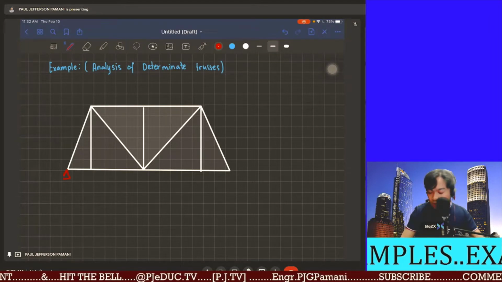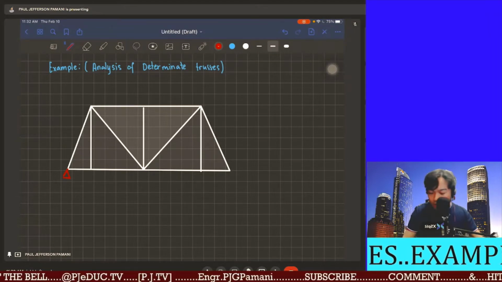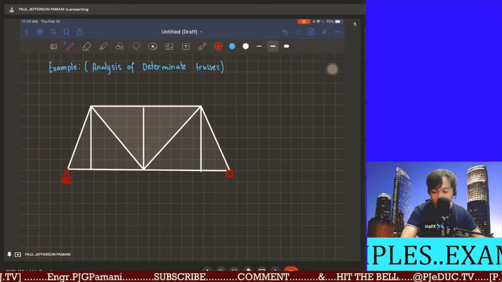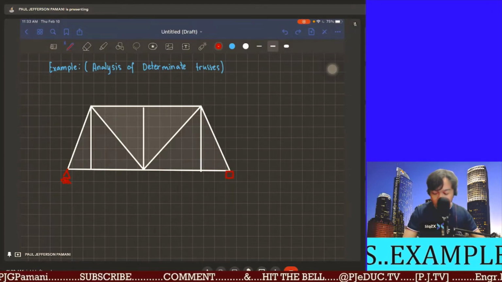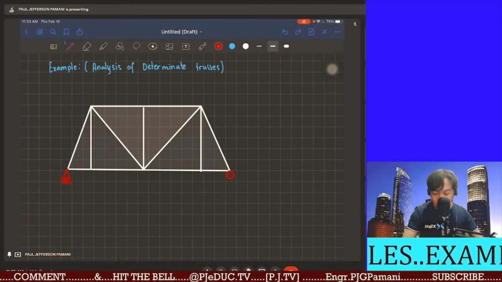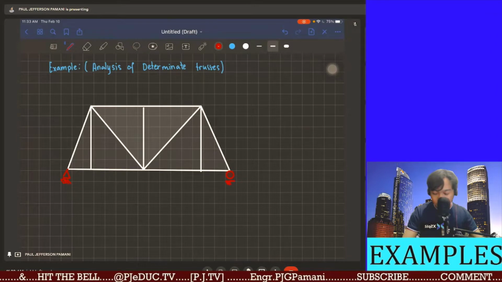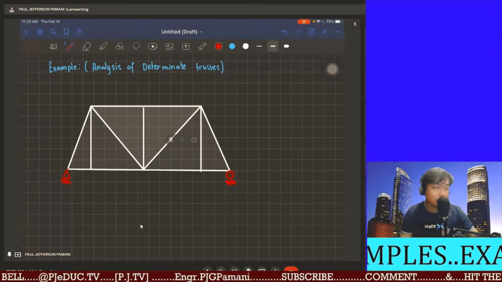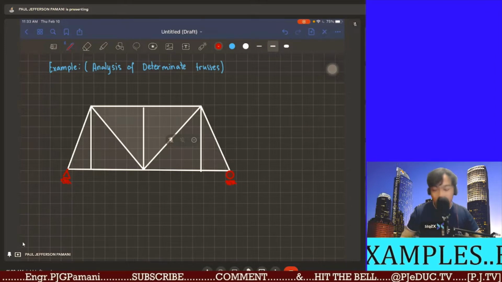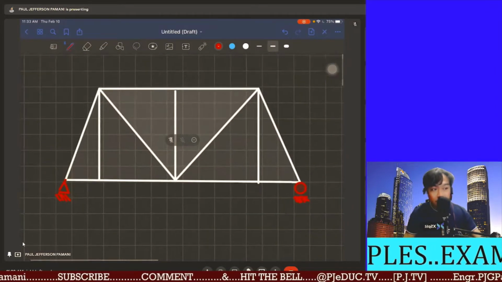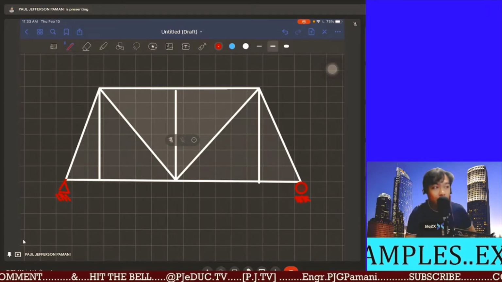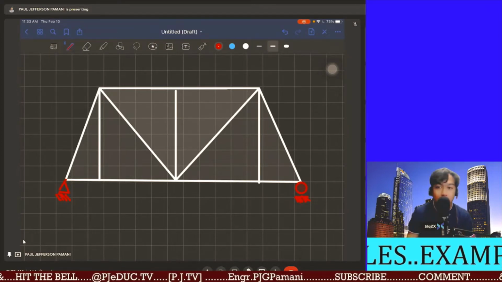Then let's just say I have a hinge at this joint and a roller on this joint. Okay, can you see that properly? Yes, sir. So for instance, in this given problem, the first thing we do is to identify the joints within our given truss system.